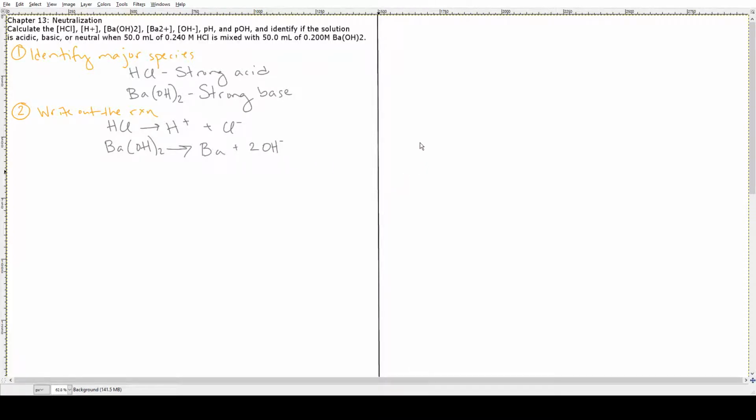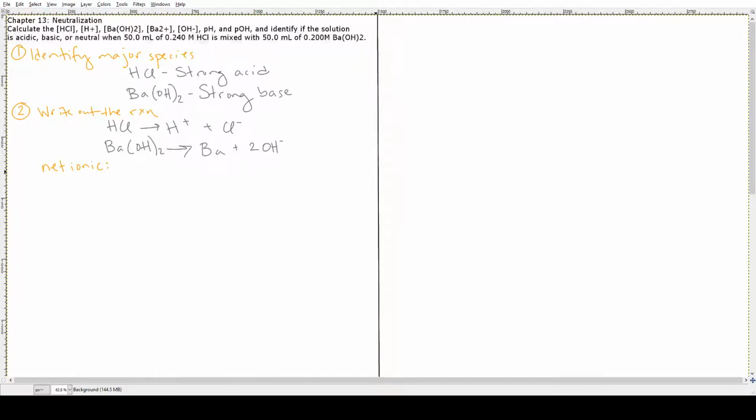But what's also helpful to include on these is the net ionic. And for a strong acid or base neutralization, this could be an annotation.